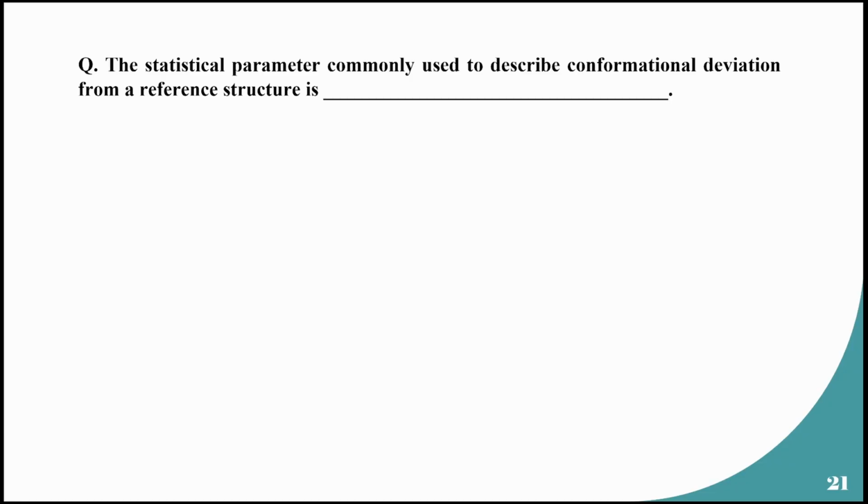So conformational deviation, exactly how could we calculate it? It was basically using one particular parameter called root mean square deviation, right?